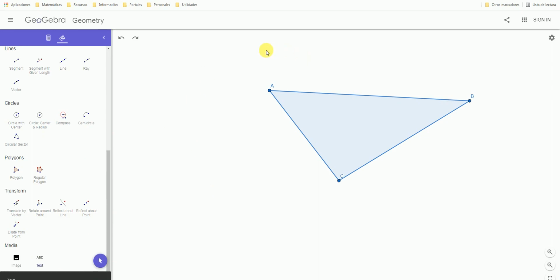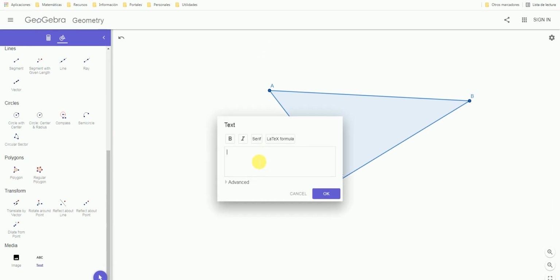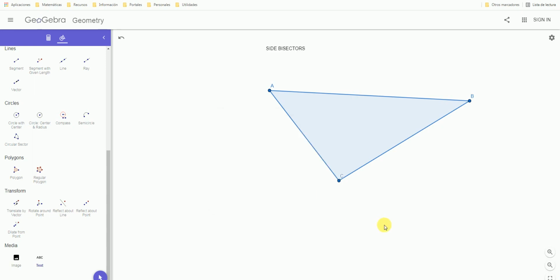Side bisectors are lines that bisect, that cut in two halves each one of the sides. That's why we call them side bisectors.